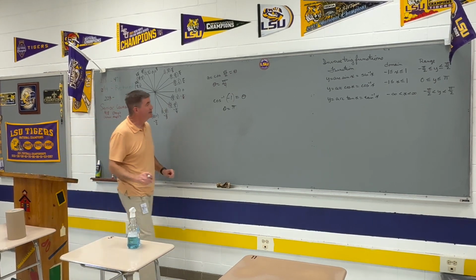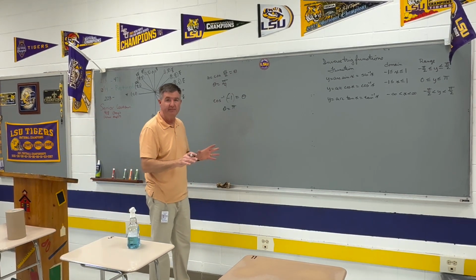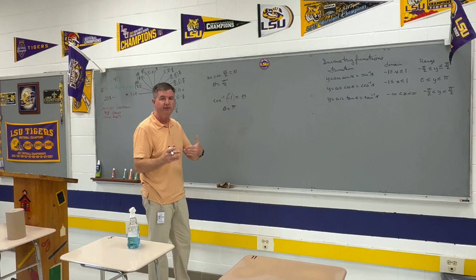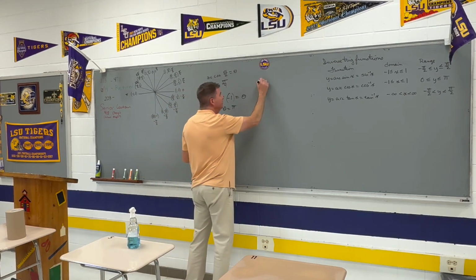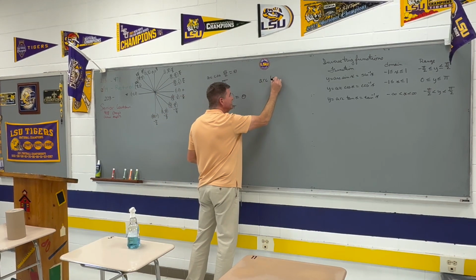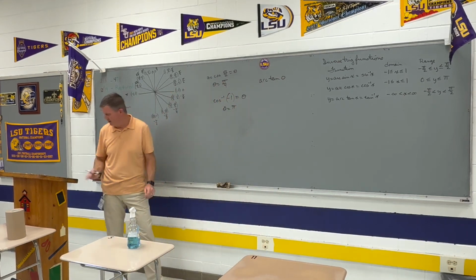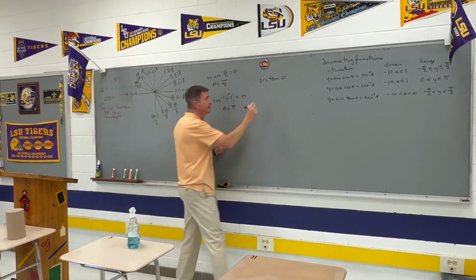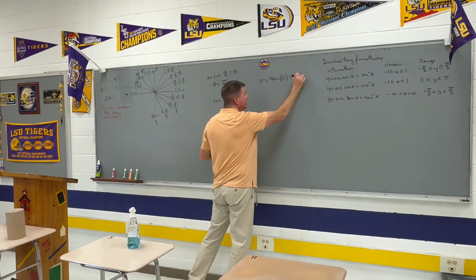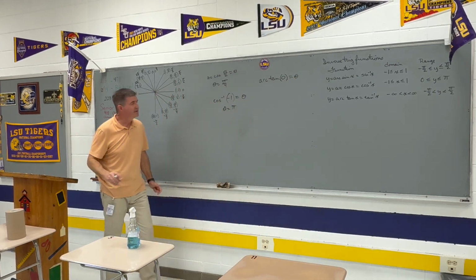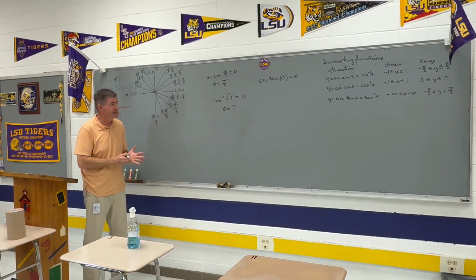Suppose I'm doing the tangent. Again, they're all the same. It's just what quadrant you're in in order to find that angle. Suppose I have the arc tangent of 0, which means what theta has the inverse tangent, which is 0.